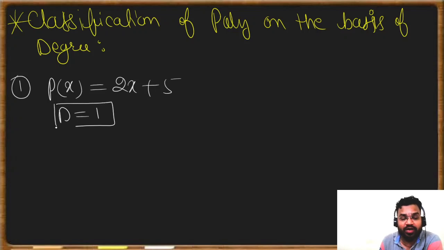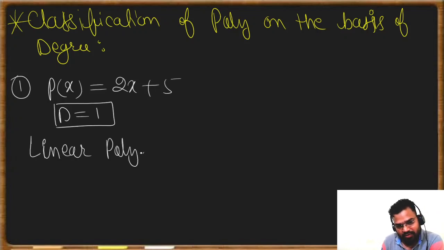And a polynomial which has degree 1 is known as a linear polynomial. There is a special name for a polynomial whose degree is 1: a linear polynomial. So what is a linear polynomial? Simply, a polynomial having degree 1 is known as a linear polynomial.